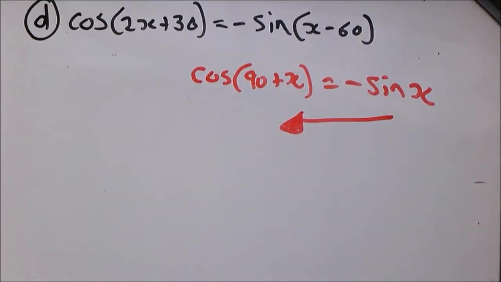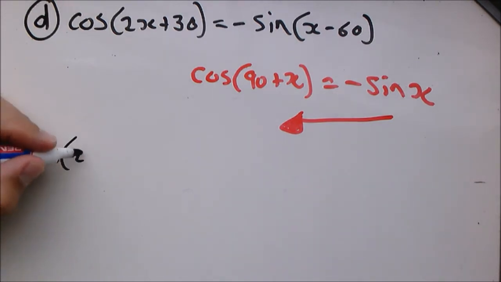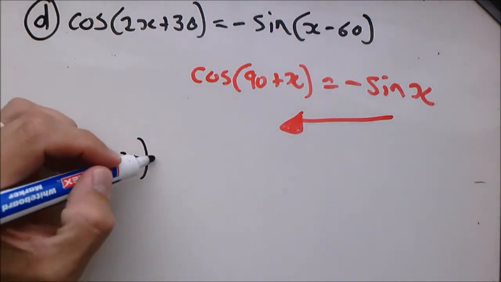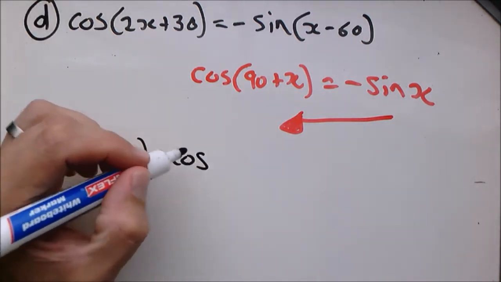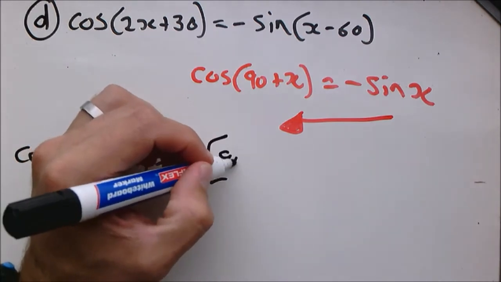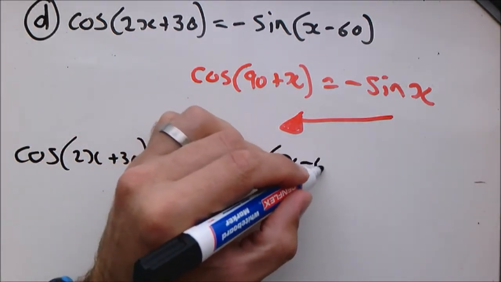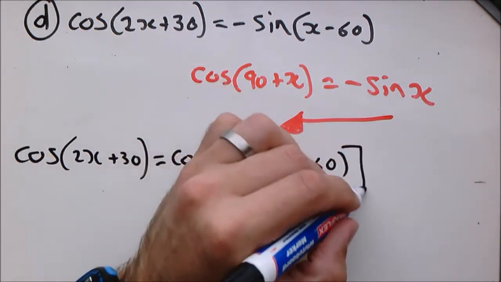Okay, so first of all, we're just rewriting the left hand side, which is cos bracket 2x plus 30. The right hand side becomes cos bracket 90 plus new bracket x minus 60 close bracket, close the big bracket.